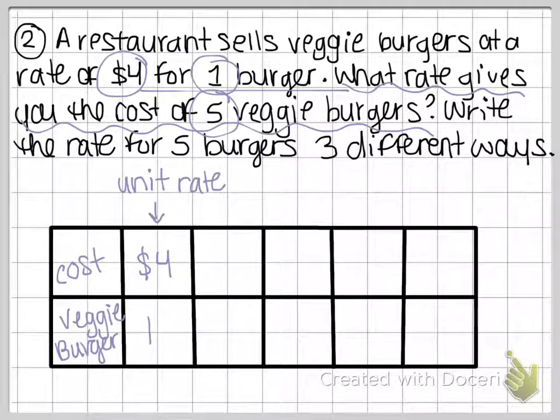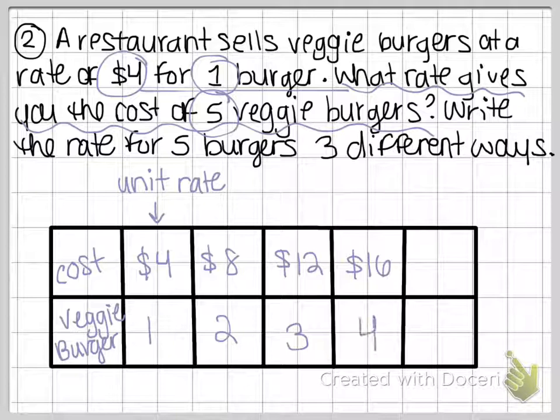If I wanted to continue this, $8 would give me 2 burgers, and continuing this pattern, $12 for 3, $16 for 4 veggie burgers, and $20 for 5 veggie burgers.